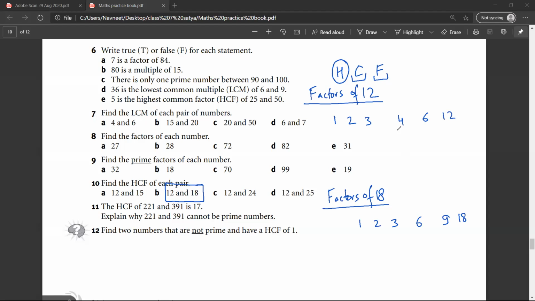So what are the common numbers that you see? 6. 3 also, 2 also. Okay, the common numbers. Yeah. So these are the common factors. Now, out of these common factors, what is the highest common factor? 6.